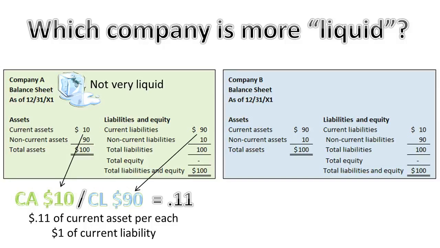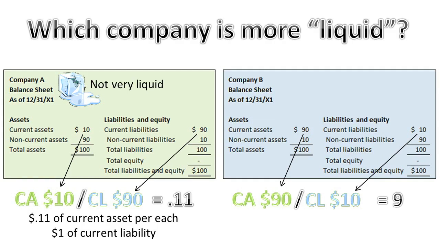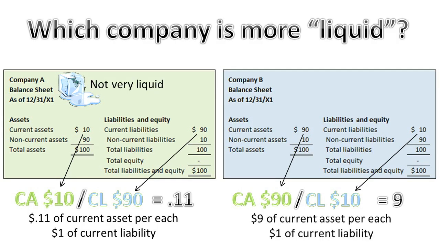However, if you were to compute Company B's current ratio, $90 current assets divided by $10 of current liabilities, you would arrive at a current ratio of 9. This indicates that for every $1 of current liability expected to come due within the next year, Company B expects to convert $9 of current assets into cash to make such payments. Company B's current ratio of 9 shows that it is very liquid.